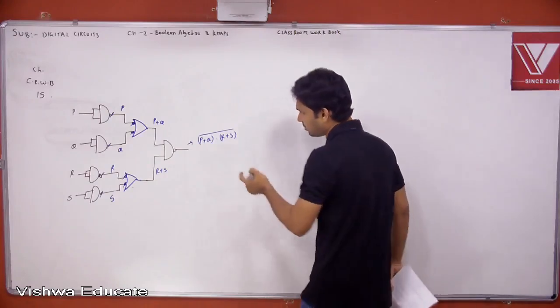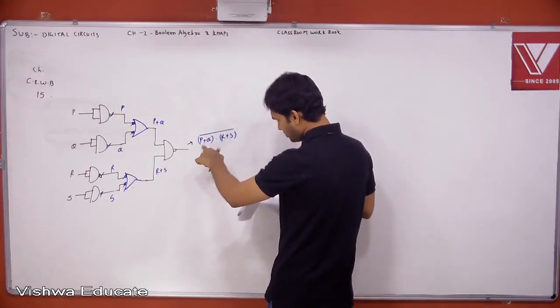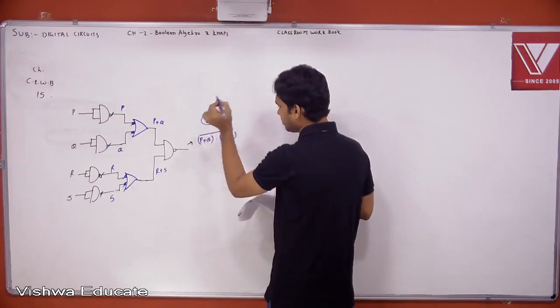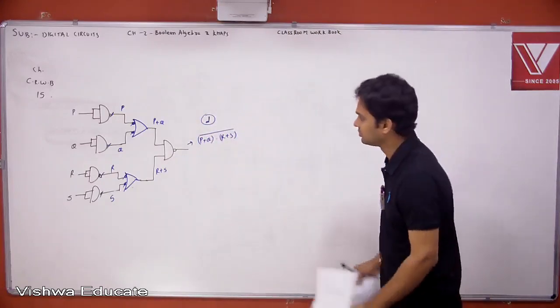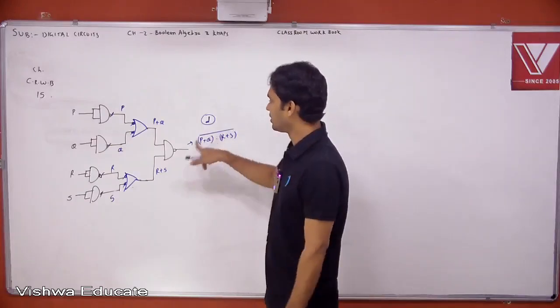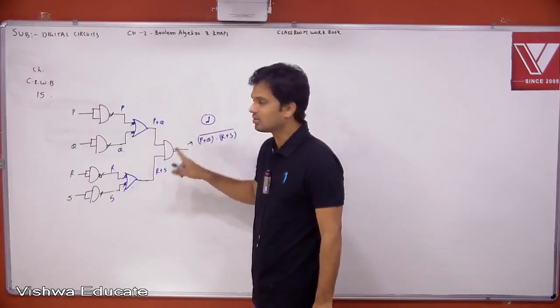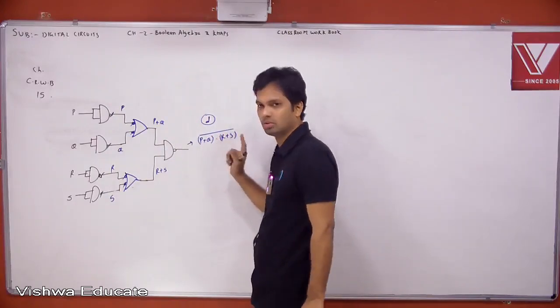If you want, you can apply De Morgan's law. Option D is given, right? Directly take it. P plus Q into R plus S whole bar. So cancelling the bubbles will make our analysis easy. It will always make our analysis very easy. Option D, P plus Q into R plus S whole bar.